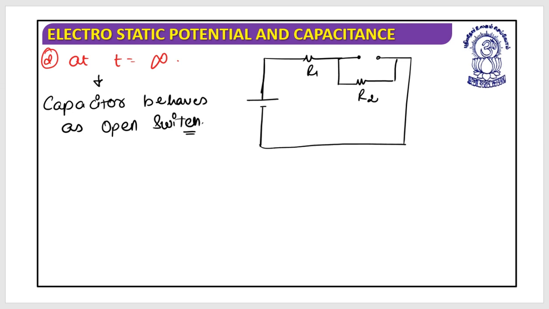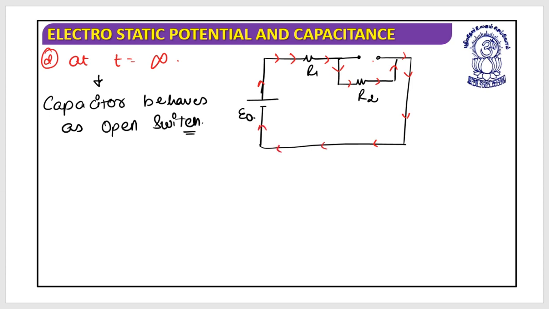Yes, this is the situation at t equals infinite. So at t equals infinite, current will start moving from here. Now it's an open path, so it is not going to move through this. It's moving from this, and thus the circuit has been completed.